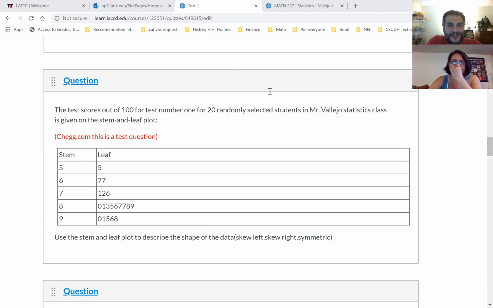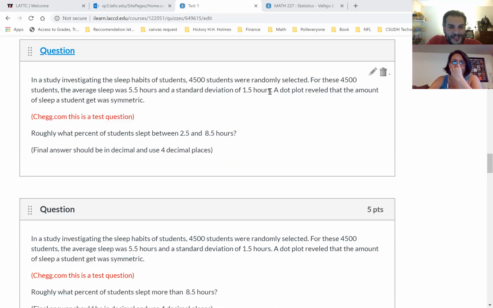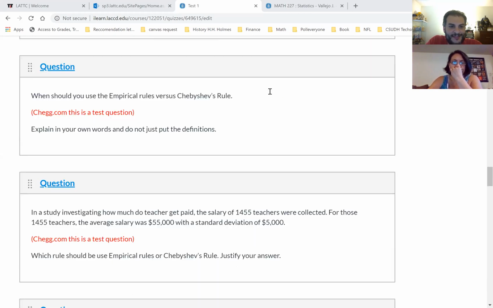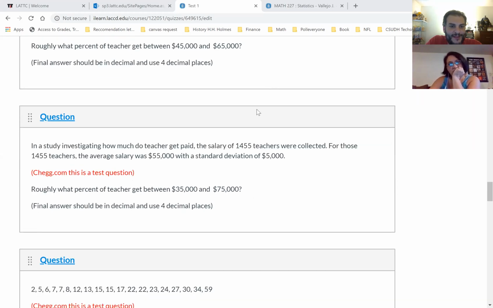Which is 21. All right. Also, there was a typo on the answer for one of these. For this question, it's question number 22. I'll put it in the chat.